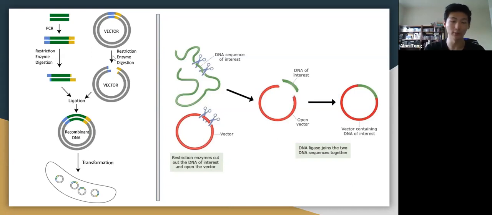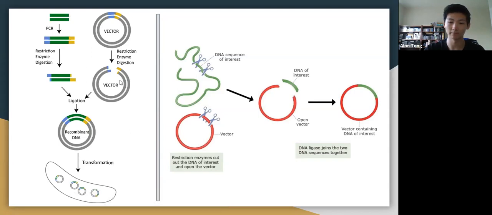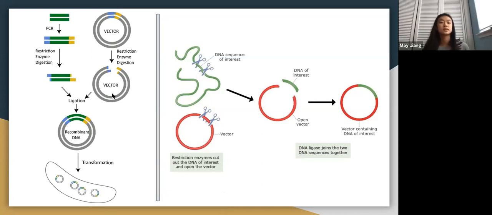What problems might you encounter if all of this is in the same mix? So you cut this DNA, you get those sticky ends. You cut this DNA, you get those sticky ends. What can happen? Yes, May. Some of the plasmids might just fuse together and not get the gene in.